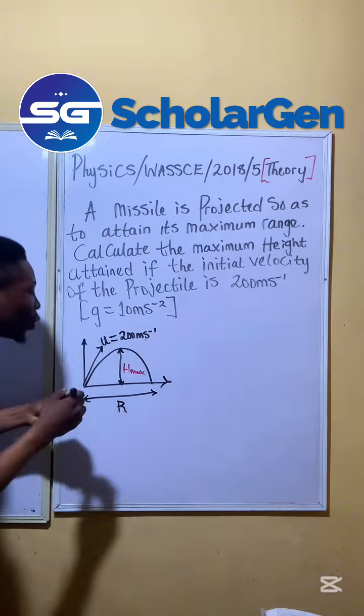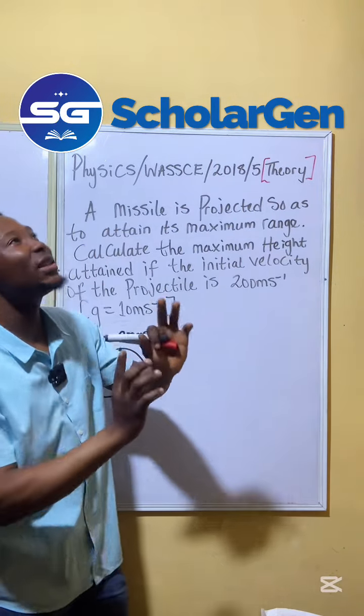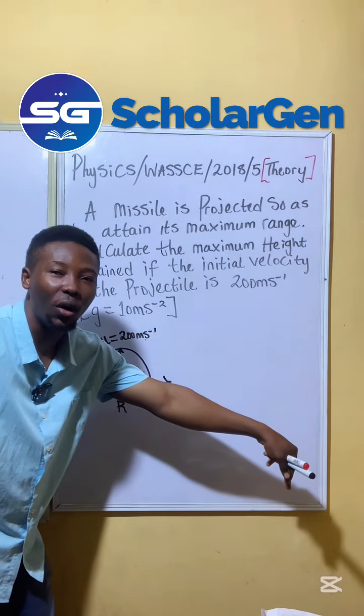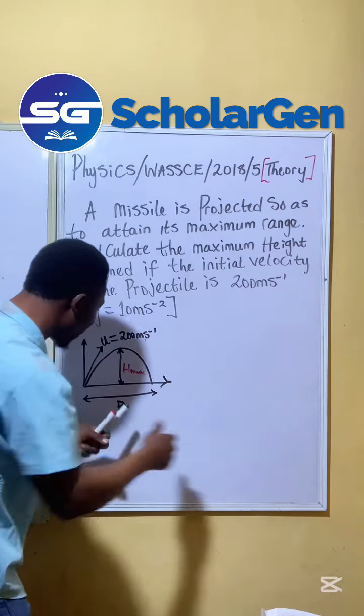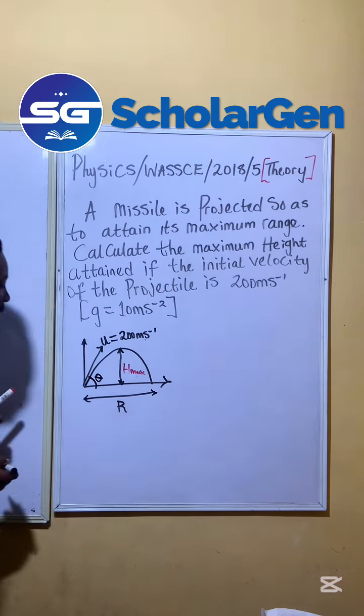When you project it, it gets to a maximum height, then starts to land, and lands on the ground. So there will be a horizontal distance covered, and also an angle of inclination to the horizontal, theta.